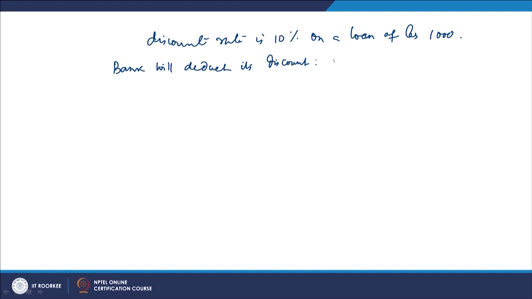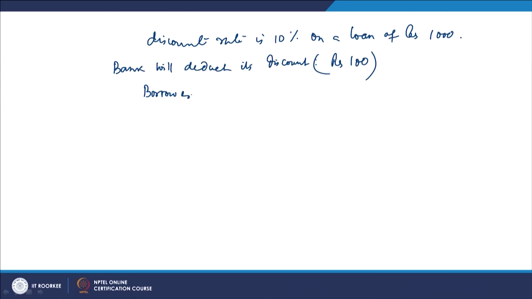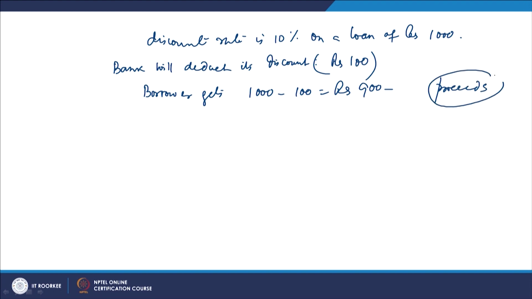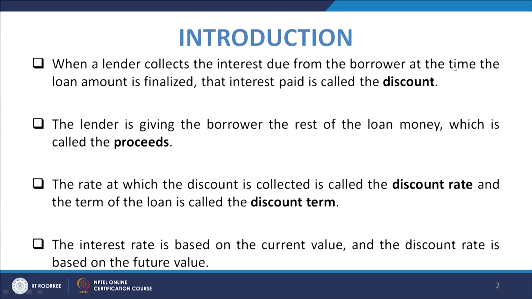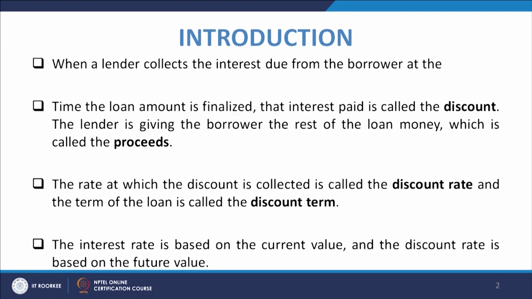So, it will be rupees 100. So, basically the borrower will only get 1000 minus 100, that is 900, and this is known as the proceeds. So, that is what we have seen, that in this case the lender is giving the borrower the rest of the loan money, and that is basically known as the proceeds.